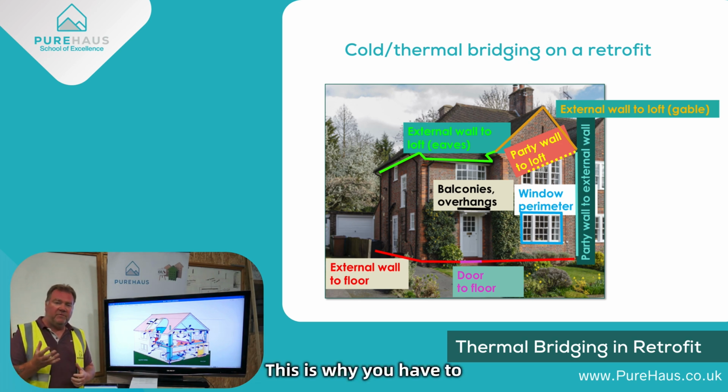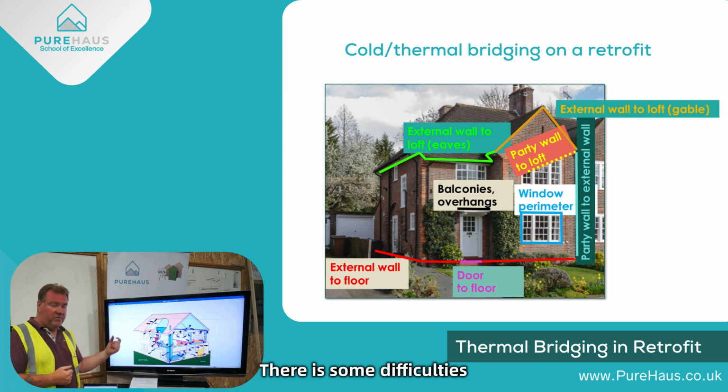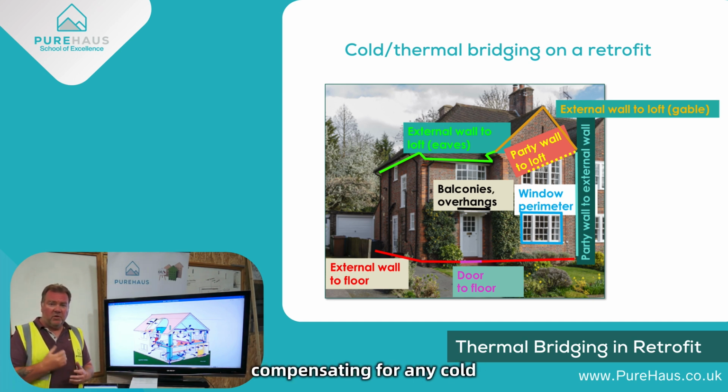This is why you have to think about and take each individual connection for its own value and look at a way of compensating for that. It's not the easiest thing to do. There are some difficulties involved in doing this, but there is usually a way of compensating for any cold bridge.